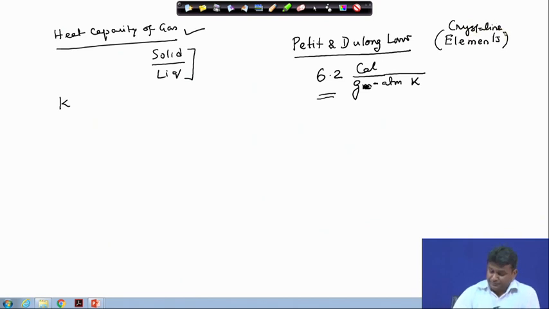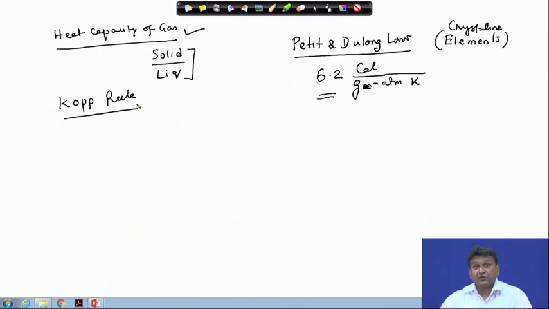At this point you should worry about what happens to compounds. For that we have what is known as the Kopp rule. The heat capacity of a solid compound is approximately equal to the sum of the heat capacities of the constituent elements. So you can very well use the Petit Dulong law, along with the exceptions.